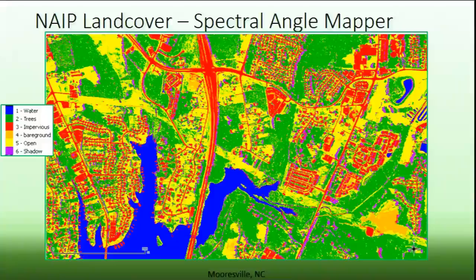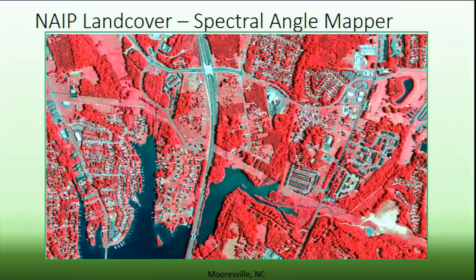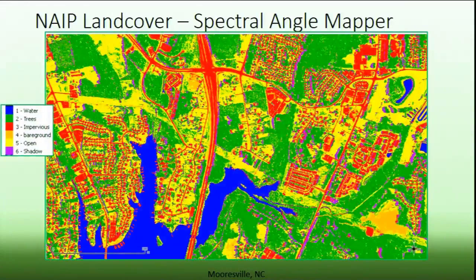This took not a whole lot of time at all. I actually used QGIS; there's a plugin called the Semi-Automatic Classification Plugin. It's very useful for image classification. It works really well. The Spectral Angle Mapper is a really neat algorithm that is included with the supervised classification workflow.